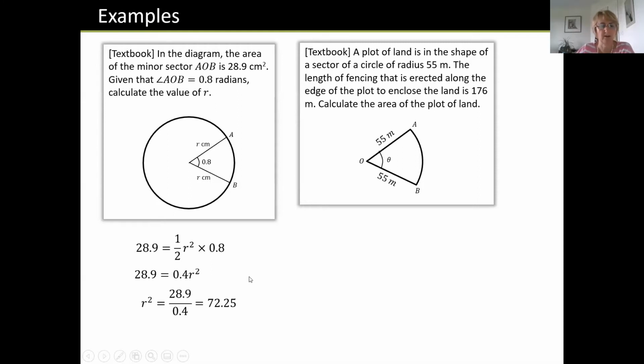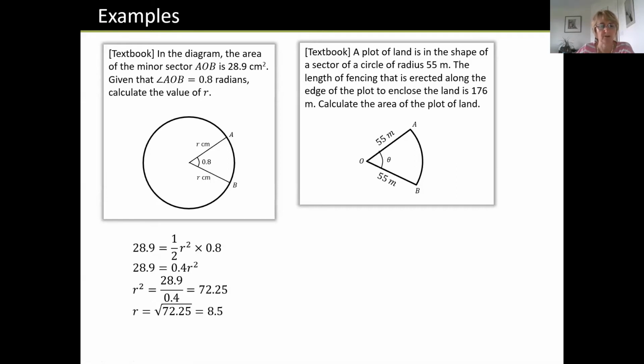Therefore, r squared, if we divide by 0.4, is 72.25. Find the square root of that. That gives you that r is equal to 8.5. So that was very easy and straightforward. That was all that it asked. If it happened to be a long decimal, you would give your answer to 3 significant figures. Here, it's exact. It's 8.5.